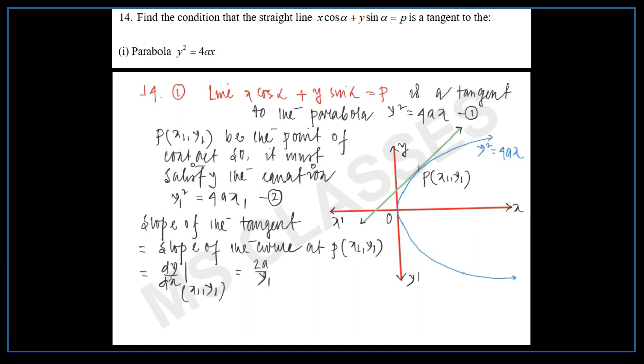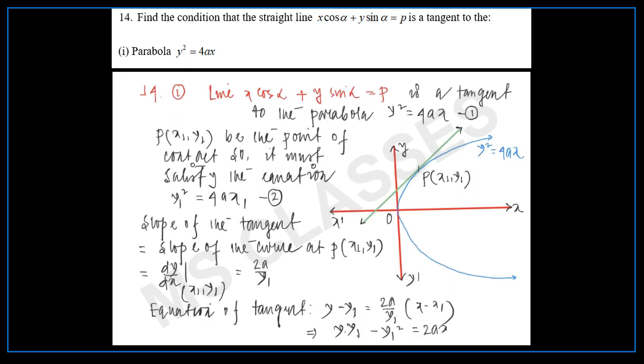And from this we find the equation of the tangent: y minus y1 equal to 2a by y1 into (x minus x1). Which on further simplification gives y y1 minus y1 squared equal to 2ax minus 2ax1.